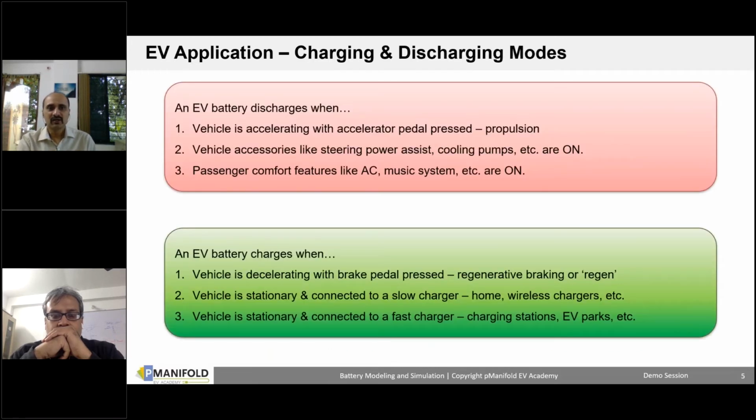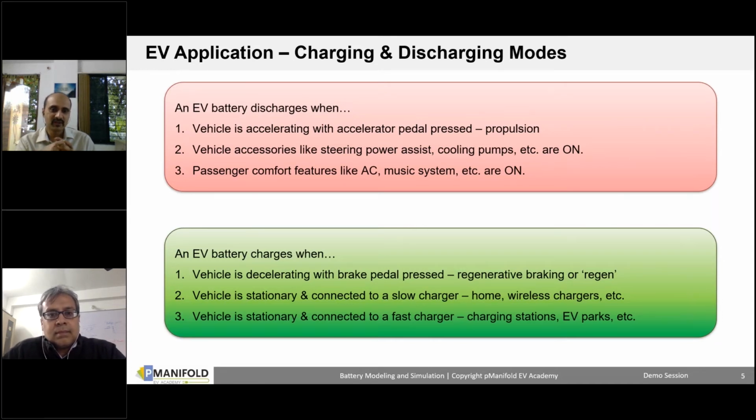In terms of the battery usage, an EV battery will discharge when the vehicle is accelerating or even going at a steady speed with zero acceleration. To maintain a certain speed also, you need some amount of effort from the motor, so the motor will run by drawing current from the battery. Then the vehicle accessories will also be a load on the battery, depending upon the type of vehicle.